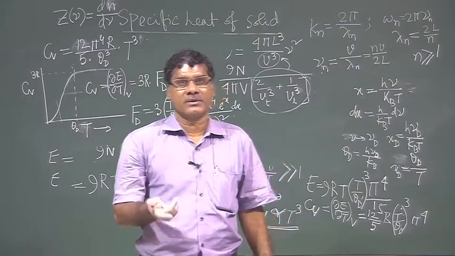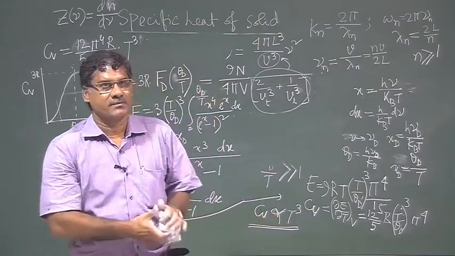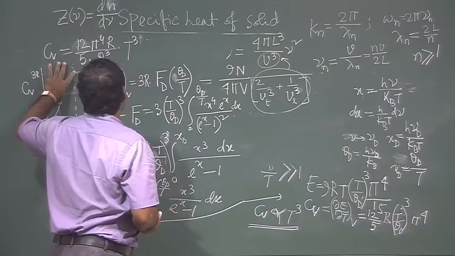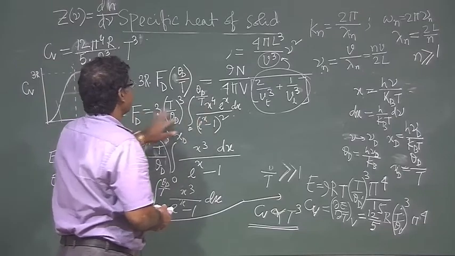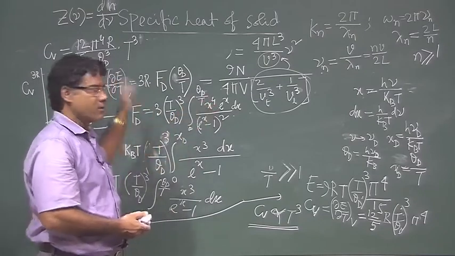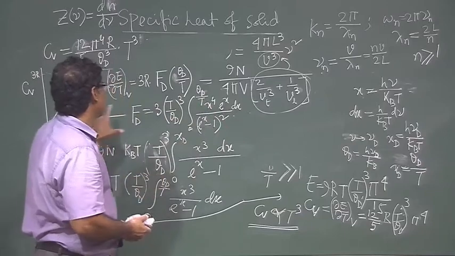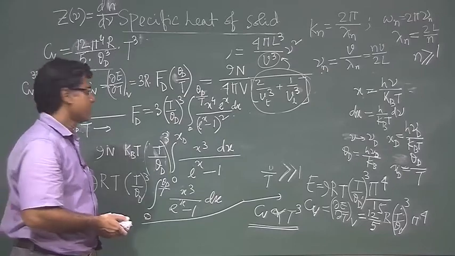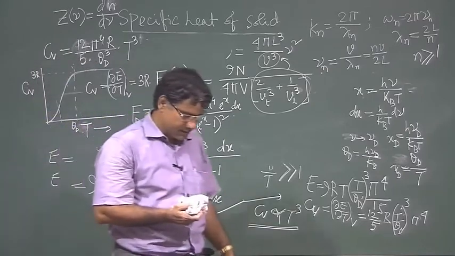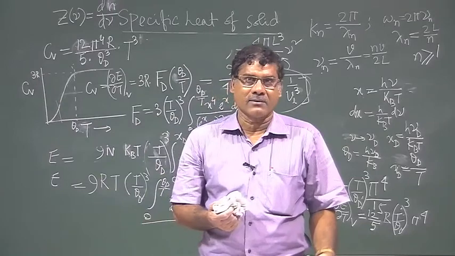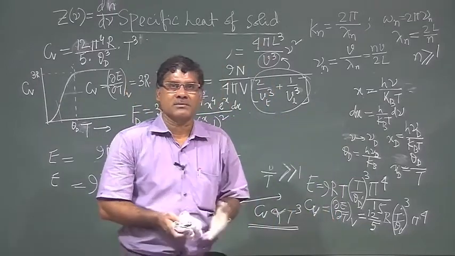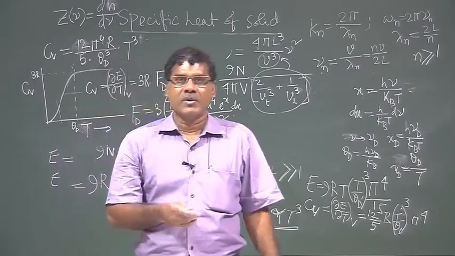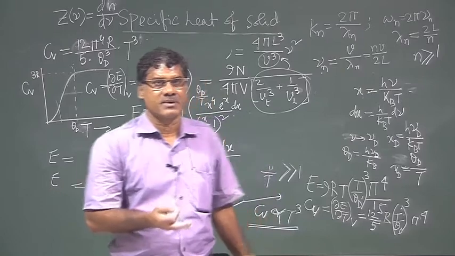So, one can generate points in this range. For higher temperature and lower temperature one can take the limit and find out. This is called numerical calculation, not analytical calculation, and while analytical is not possible, that is the advantage of doing the numerical calculation with the help of computer programming.